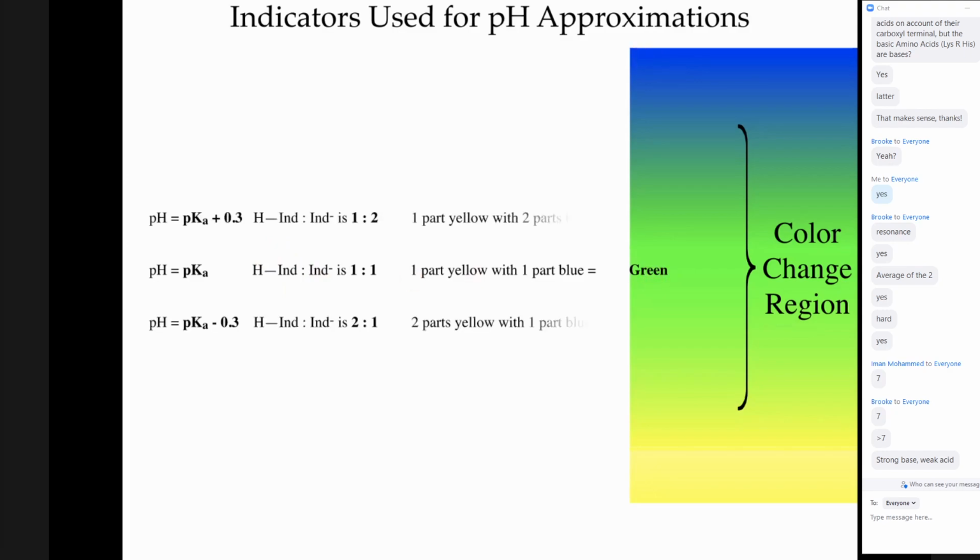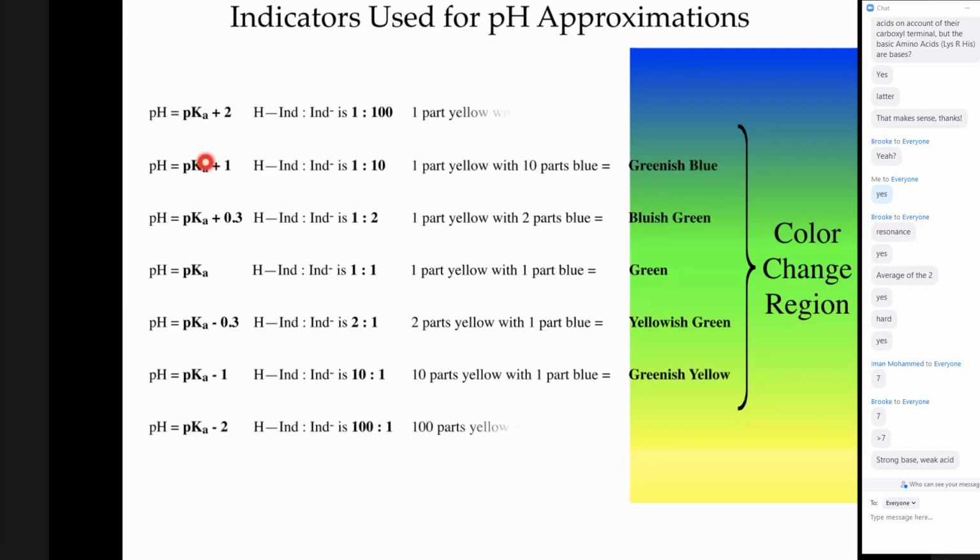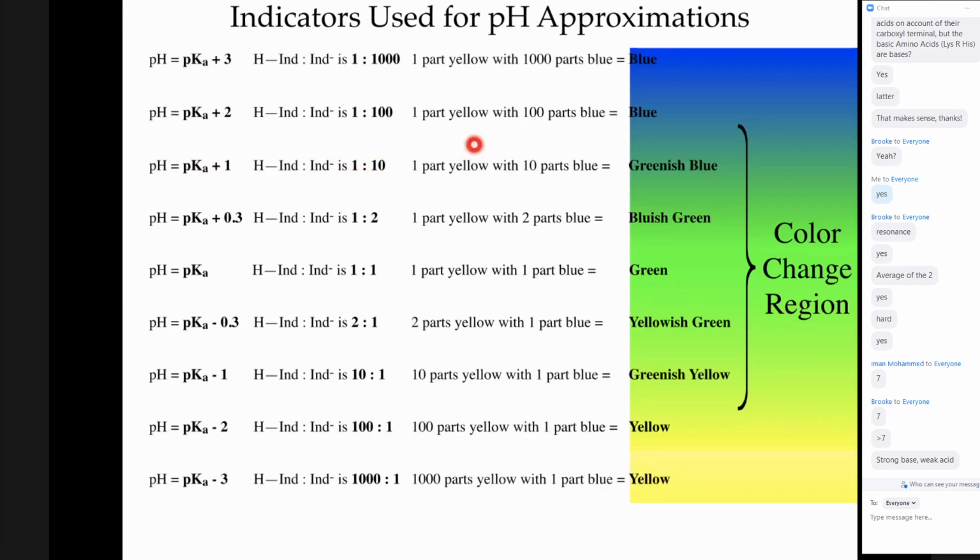If you have a little bit more, let's say it's 1 unit above, that's a 10-to-1 ratio. 1 part yellow, 10 parts blue. That's bluish with a slight hint of green. But this chart's overwhelming. I want to just point out though that at 1-to-1, it's green. 1-to-2, it's still basically green with a little bit of blue. 1-to-10 now becomes blue with a little bit of green, and so forth.